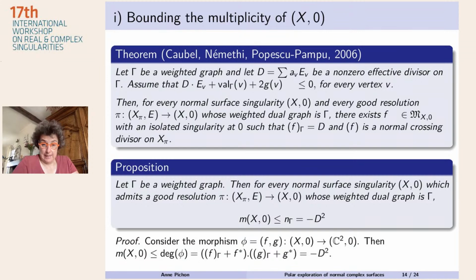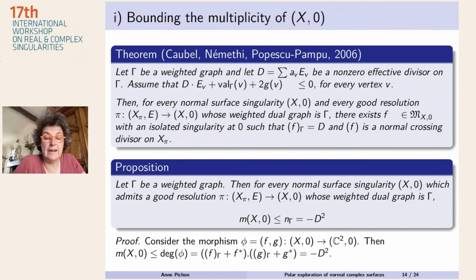Okay? How to prove this? It's very simple. Take two functions f and g as in the improved theorem and consider the morphism phi equals (f,g) from X to C^2. Then it is very easy to see that the multiplicity of X is less or equal to the degree of phi.